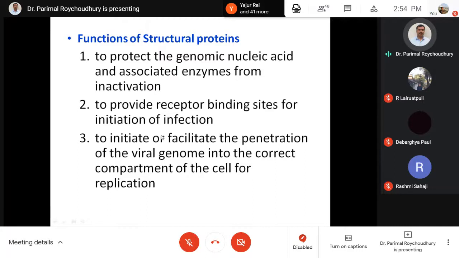Moreover, the structural proteins also act as receptor binding sites for initiation of infection. This is quite important. So if you can somehow destroy, by using some antiviral drugs, these surface structural proteins, then the virus will not be able to establish infection. So that might be an antiviral strategy of certain antiviral drugs.